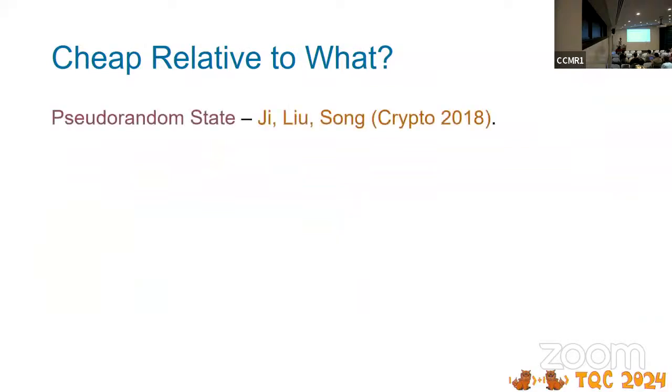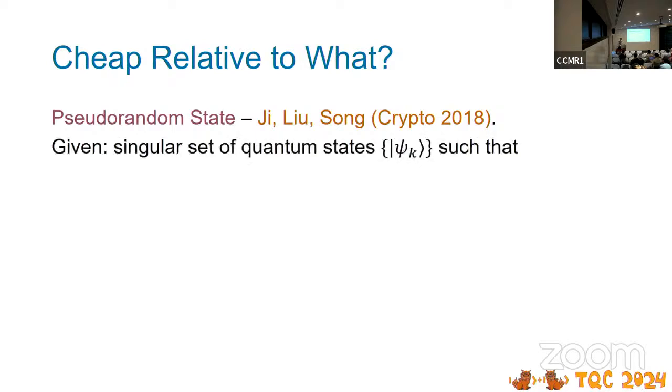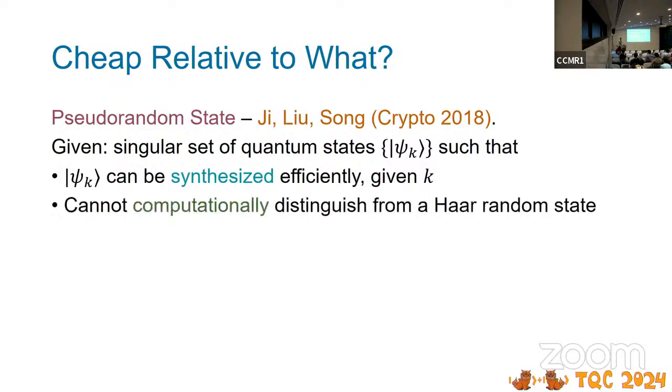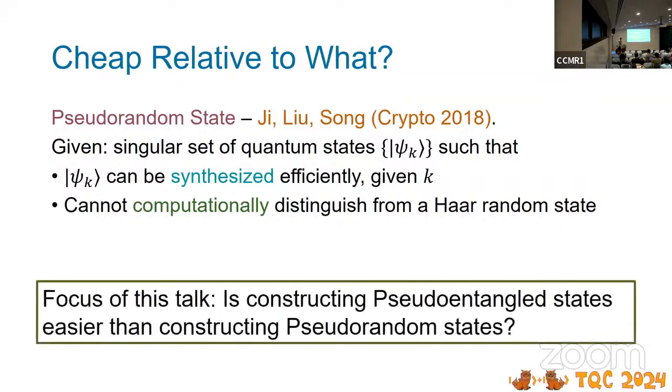Okay, so cheap relative to what? The idea of a pseudo-random state, if you've been to the plenaries, you've probably heard enough about this, was introduced by Ji, Liu, and Song in 2018. It's a very similar idea as pseudo-entanglement, but now we only have one set of states, just called psi k. Psi k has to be able to be synthesized efficiently, and you can't distinguish it from a Haar random state. So rather than two sets of states you can't distinguish, you distinguish it from a very natural random state. The focus of this talk is: is constructing pseudo-entanglement easier than constructing pseudo-random states?